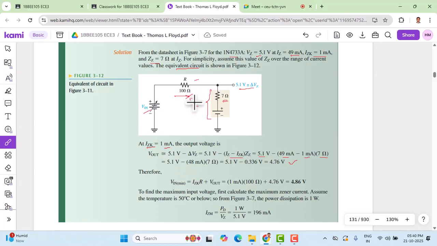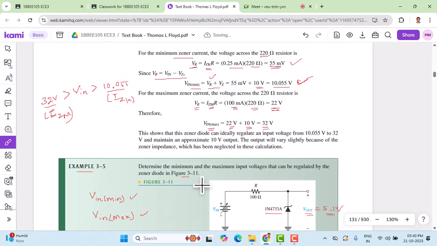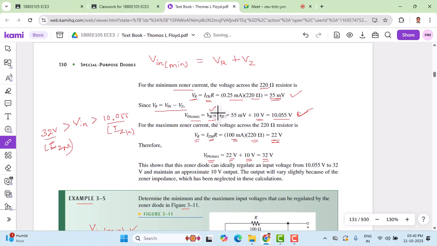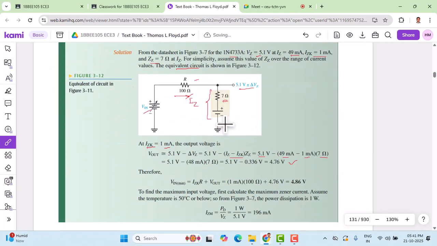We have worked out for the ideal diode, but now it is an example with the practical diode. So we can use the same relation that I showed here. Okay, so here you can see this relation with the Vz is for an ideal diode, but here we have a practical diode. So therefore the formula changes for the practical diode as Izk times R plus V out, which we already worked out here, which is 4.76 volts.